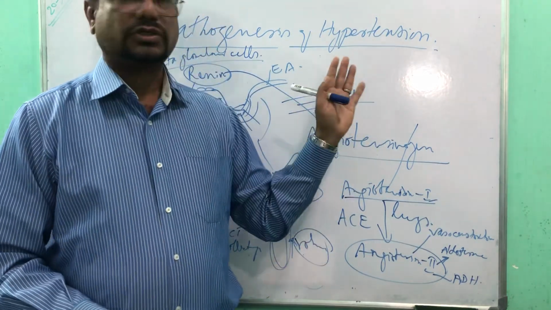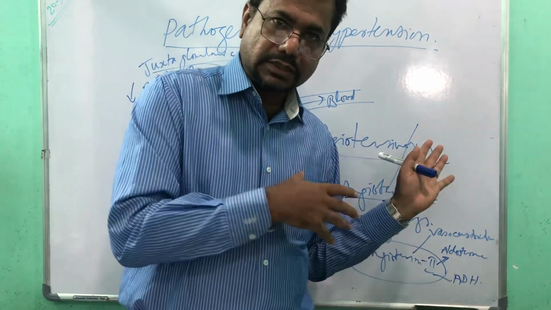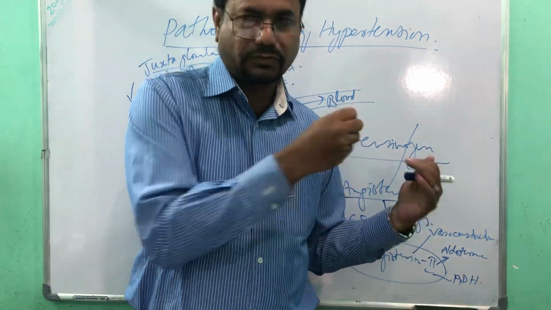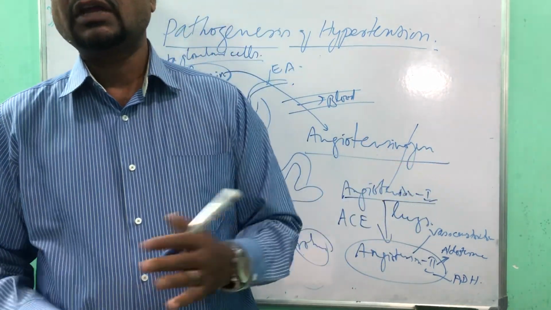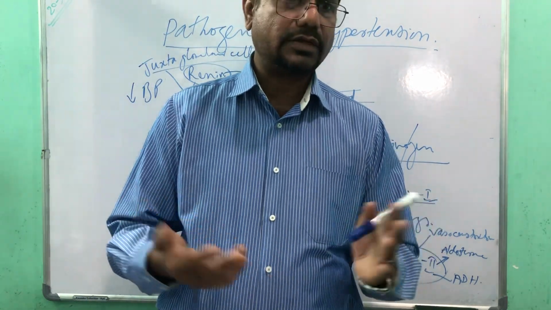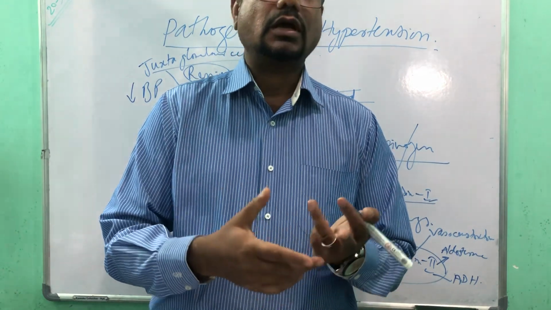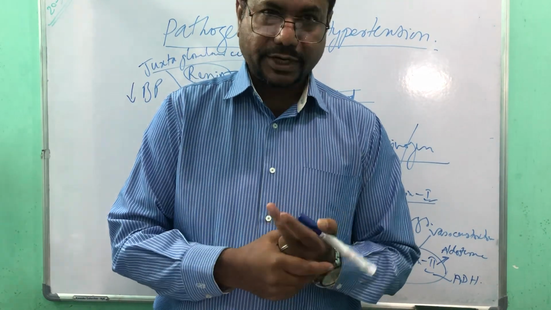So this is the pathogenesis. Now we have known this. By knowing the regulatory mechanism, we can use the drugs. If we use diuretics, what happens? That's a first line drug, especially for elderly patients and for diabetics.